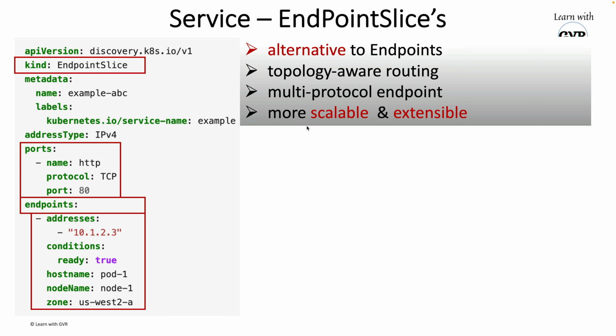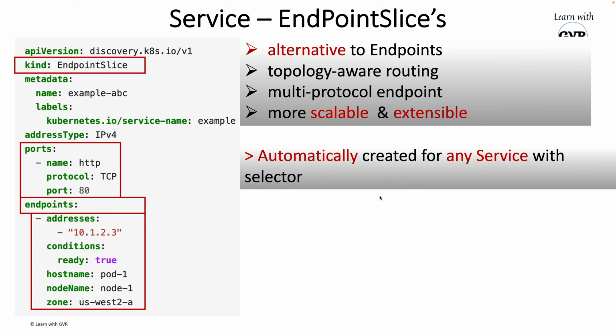Multi-protocol support means not only TCP but other protocols are also supported. And it is more scalable, because you can create multiple endpoint slices and link them with the service, so it is more extensible and gives you more performance.